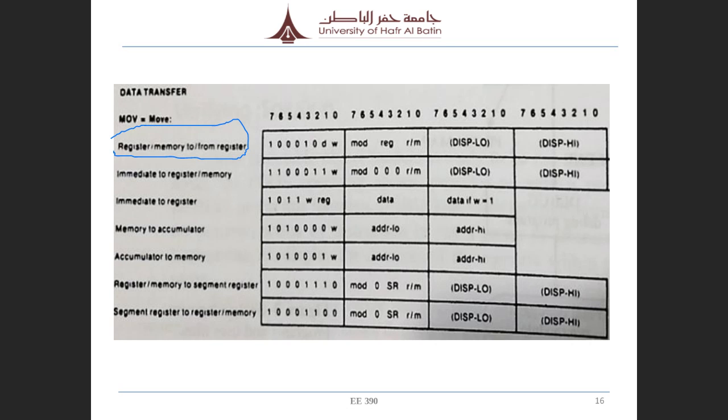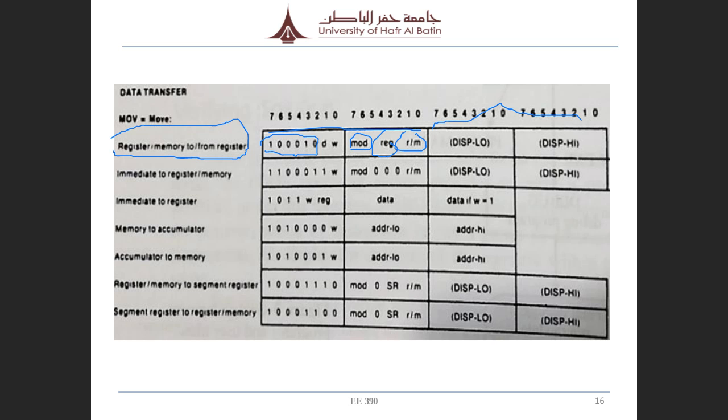This is for the opcode, and this one is for D and W. This is the first byte, and then MOD, REG, register or memory. If we need this, we can use it if there is a memory. Otherwise, we don't need it.